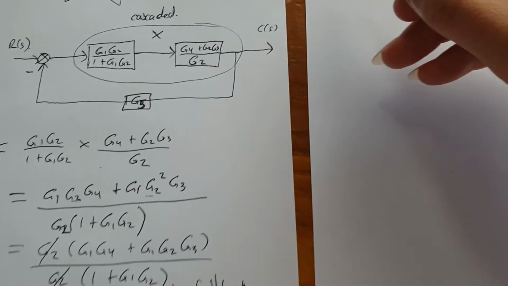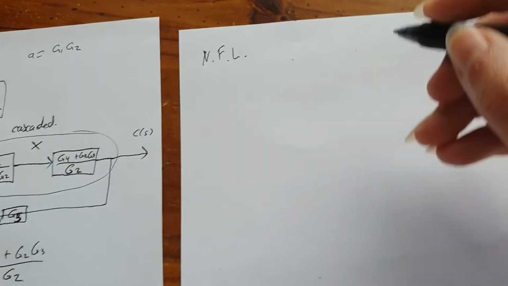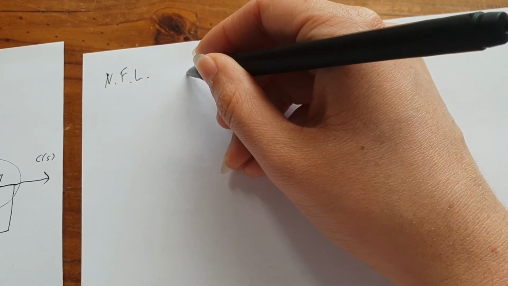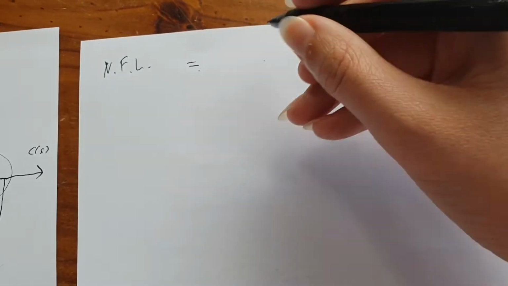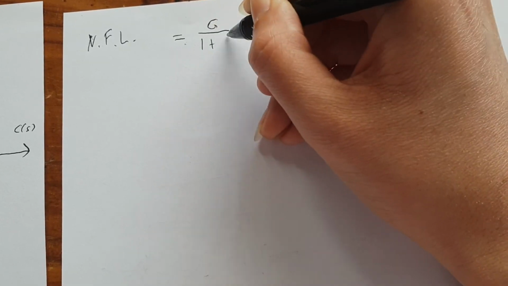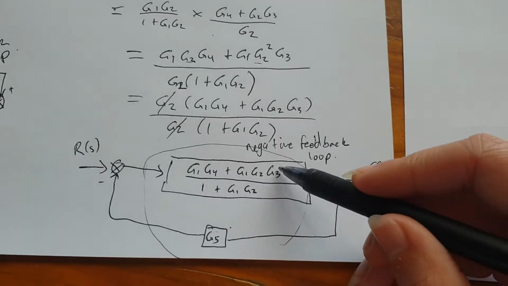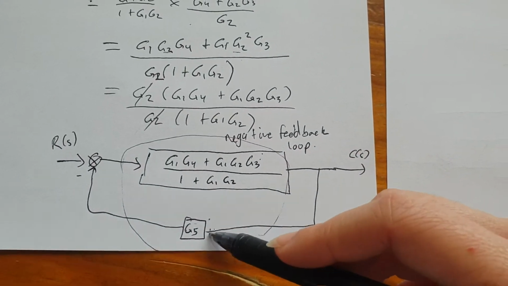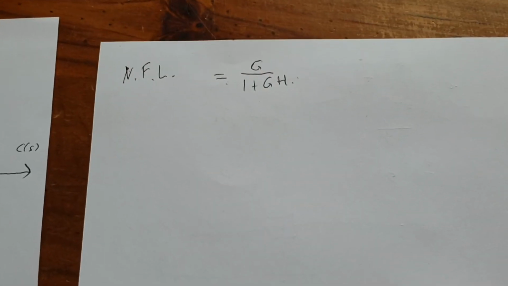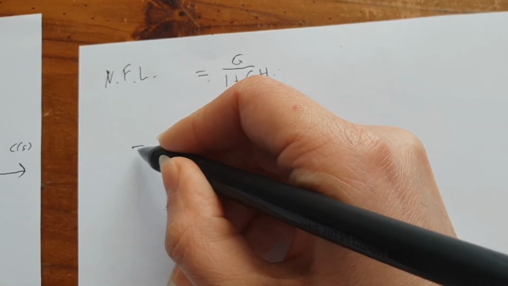So our new negative feedback loop formula is, maybe we'll use it in terms of G, just so we don't get confused, G over 1 plus G times H. Our G is this big function here, and our H is our G5. So let's write it out all in one equation.